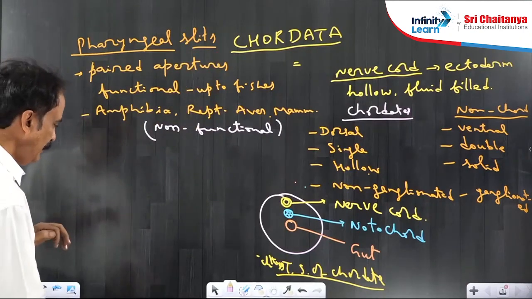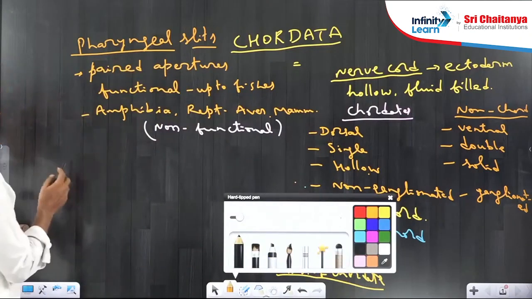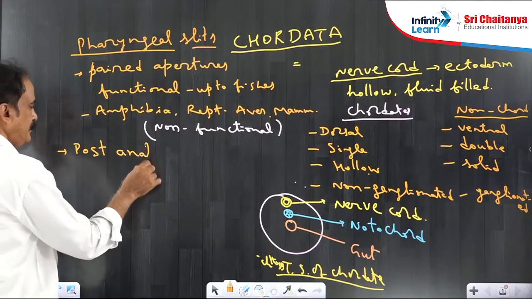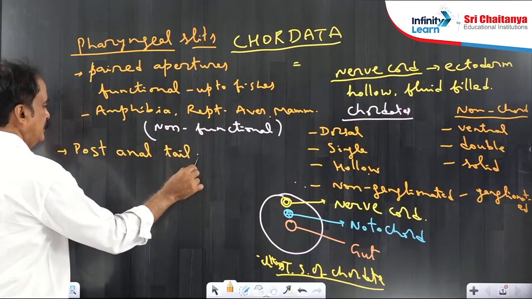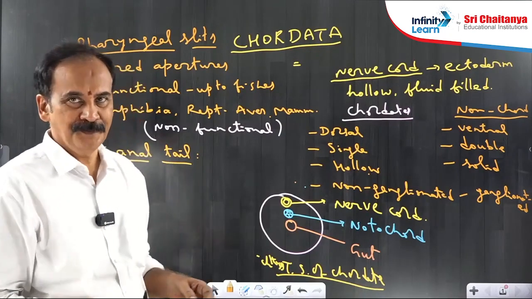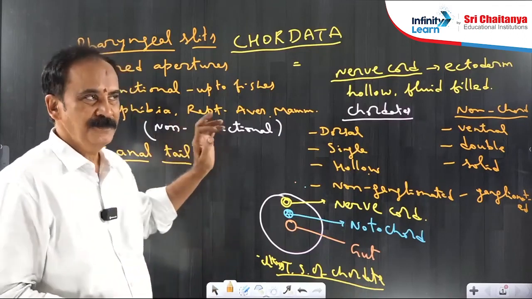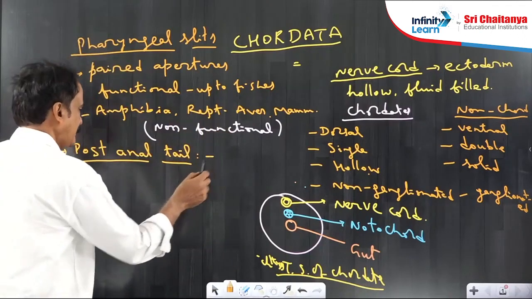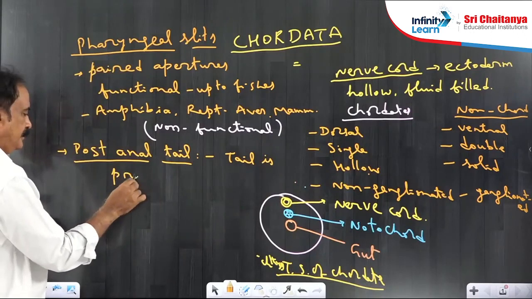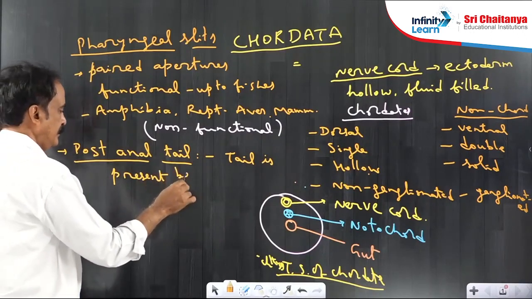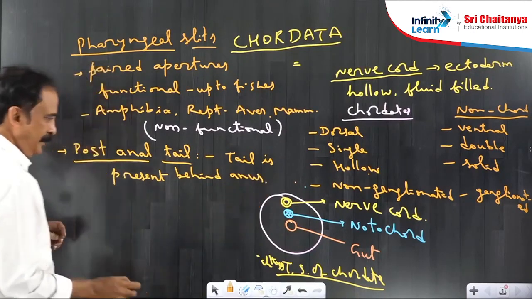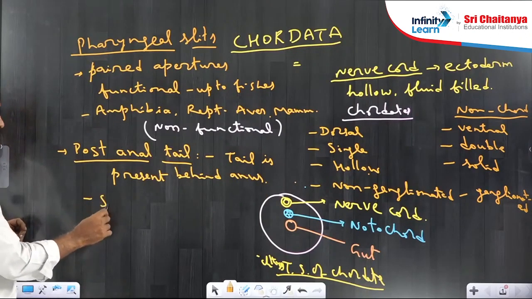And the fourth character is the post-anal tail. In chordates, the tail lies behind the anus. Post means behind. Okay, the tail is present behind the anus. The tail is a structure that is solid.